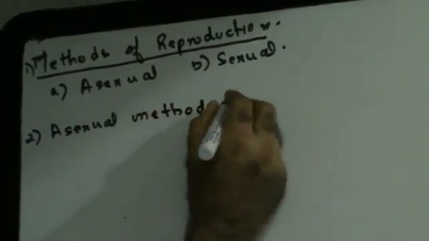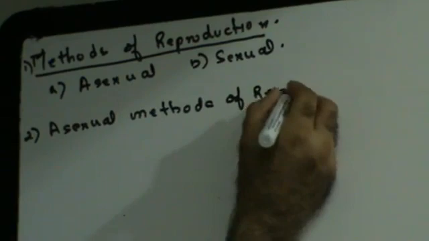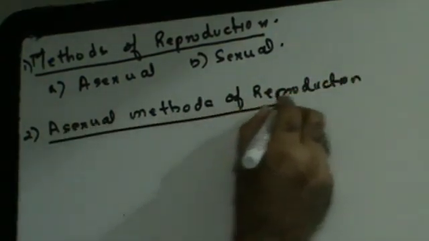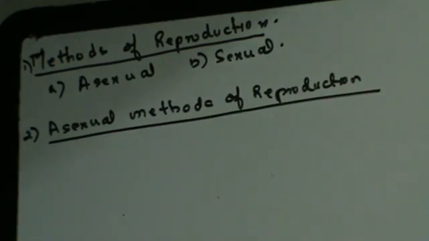Amongst the asexual methods of reproduction, we are specifically seeing angiosperms. Now they are further divided into two types.